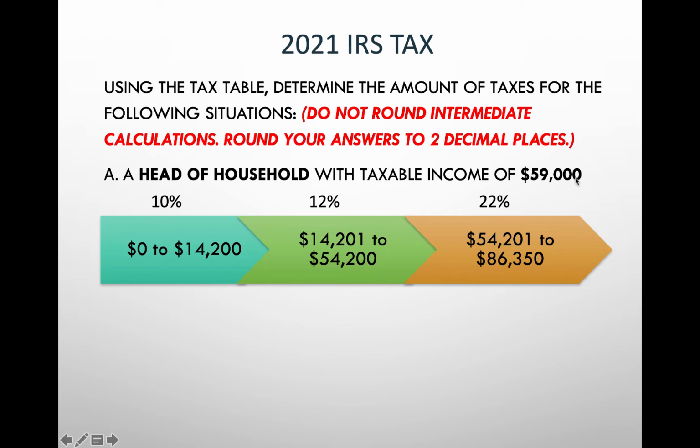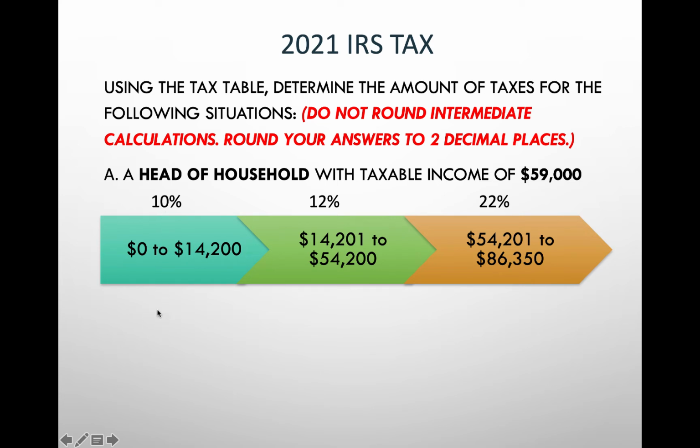We would take this amount of money and put it into each of the buckets until all of that money is accounted for. So here in the first bracket or bucket, any dollars in this bucket would see a tax rate of 10%.